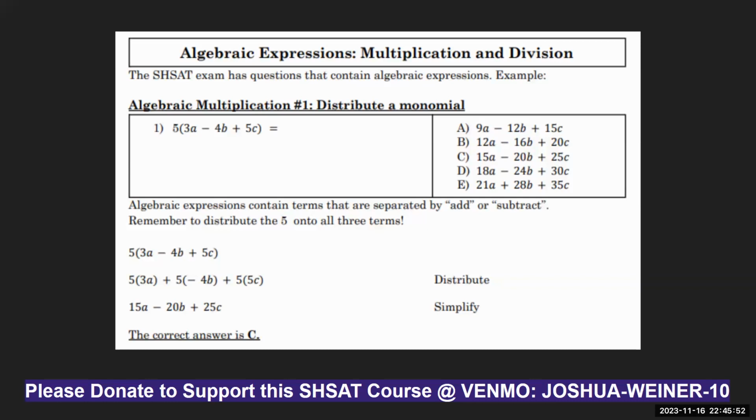Here we have 5 times 3a plus 5 times negative 4b plus 5 times 5c. Simplifying, we have 15a minus 20b plus 25c, and the correct answer was C, 15a minus 20b plus 25c.